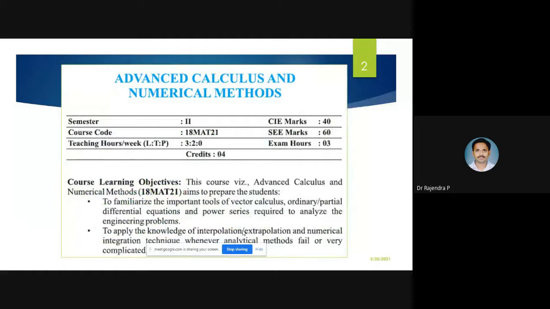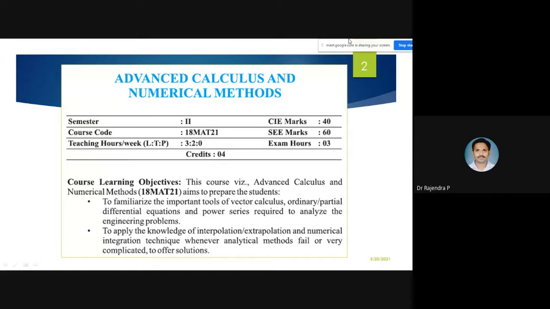Before delivering this particular course, I will try to explain the course objectives. We are conducting this course in semester 2, and we have 5 hours in a week. As usual, internal marks are 40 and external marks are 60.